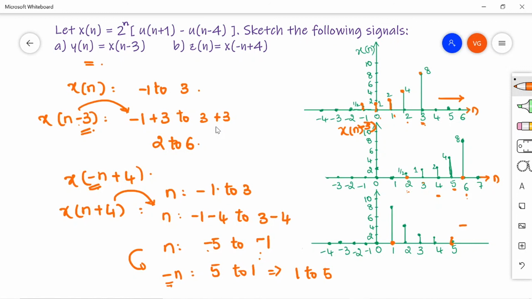So draw it in the reverse way. So half amplitudes, all the amplitudes whatever we have, half, 1, 2, 4, 8. Then those signals you take from n is equal to 5 to 1. That is, here you have half, 1, 2, 4 and 8. So this is x of minus n plus 4.